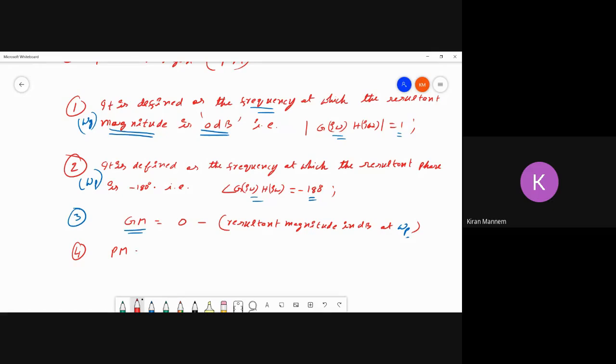I simply write it as phase margin is equal to the resultant phase in degrees at, I'll write it here, gain crossover frequency, minus of minus 180 degrees. It's the difference.